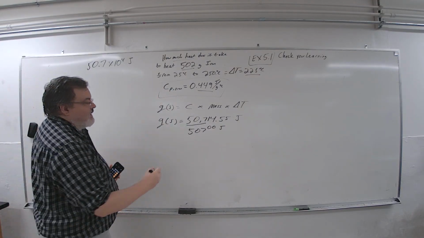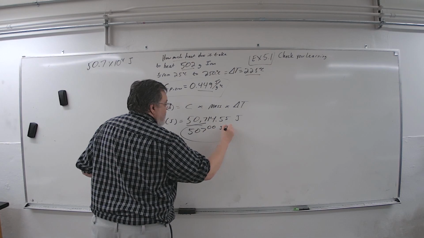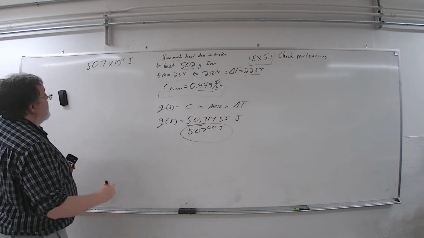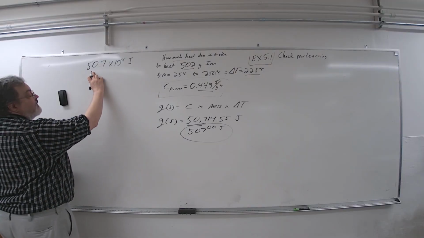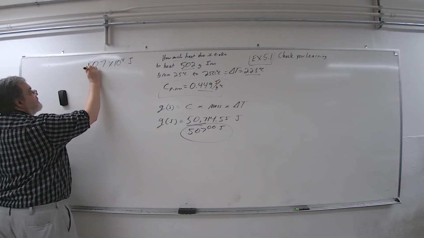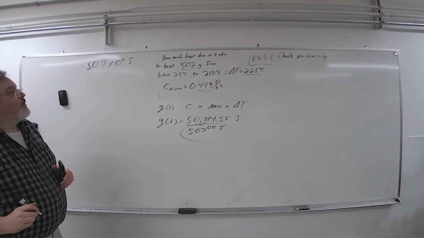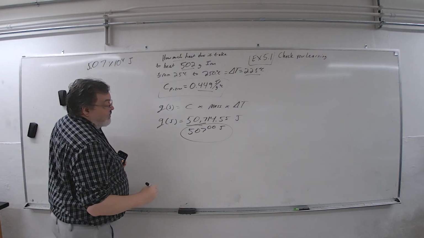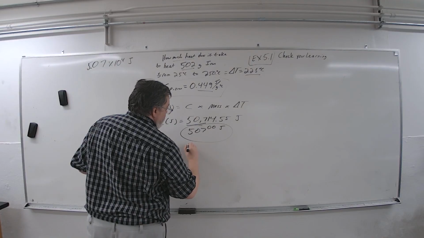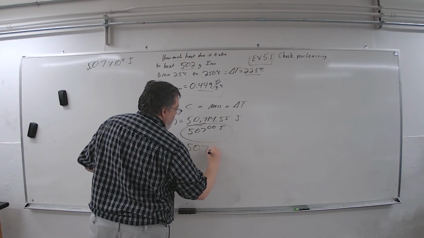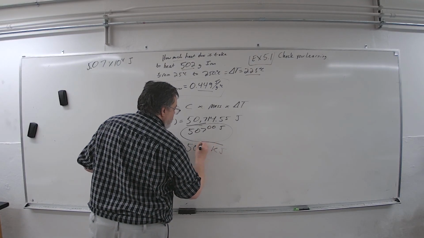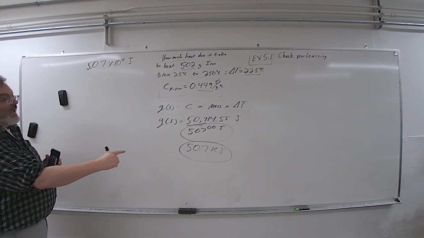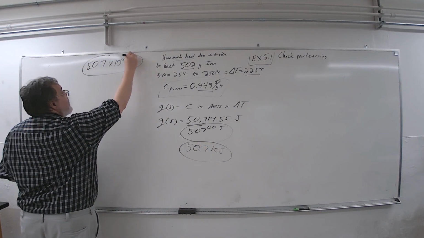That's fine the way it is, because I'm not putting a decimal there, and it's showing 3 significant figures. In the book, they've got 5.07 times 10 to the 4. So one of those. Or you could write kilojoules, that'd be correct too. So that, or that, either one would be correct.